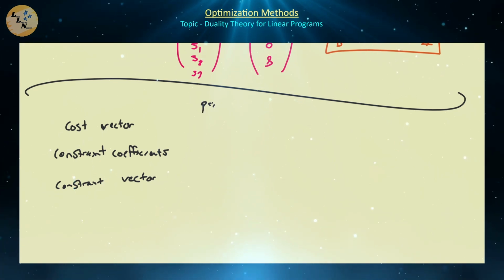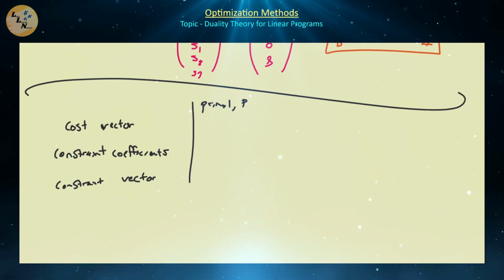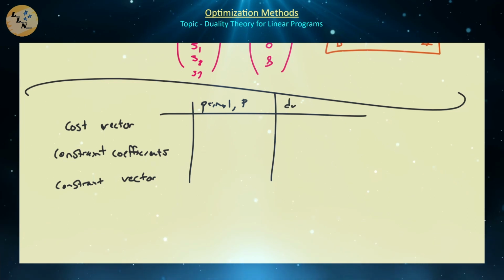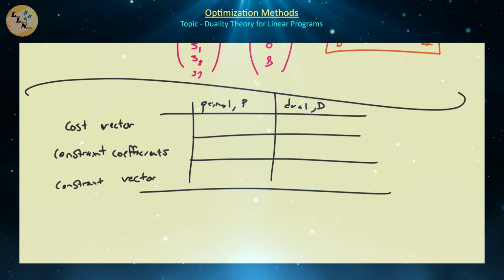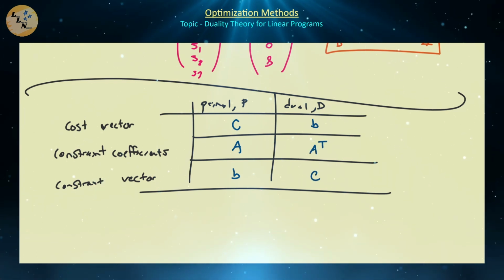So in the primal problem, P, and then in the dual problem, D, what do we have? We usually call the cost vector c, the constraint coefficients A, and the constraint vector b. Remember, for the dual problem, c and b switch positions, so b turns into the cost vector, c turns into the constraint vector, and A transpose turns into the constraint coefficient matrix.